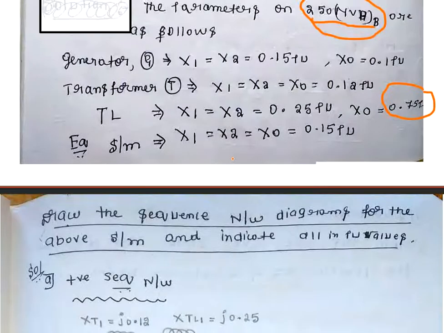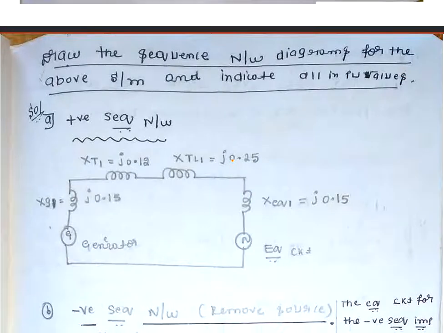Now, my generator produces an EMF, and my Xg1 is j0.15, because I am drawing only for the positive sequence network. Keep in mind, if I draw for the negative sequence, instead of 1 I will get 2.